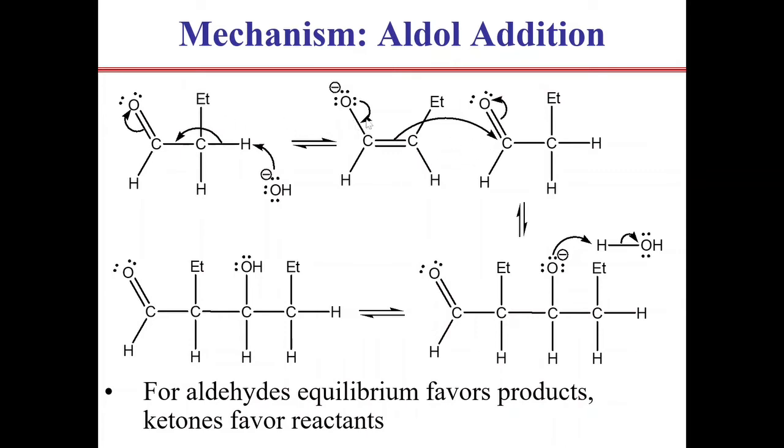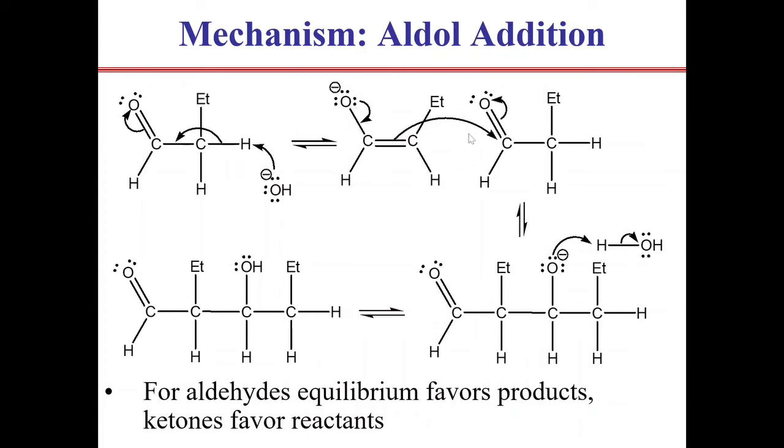In the second step, the enolate then unloads through the nucleophilic alpha carbon. So the whole purpose of making these enolates is to produce a nucleophile at the alpha position. So the electrons slide down to reform the carbonyl carbon double bond.